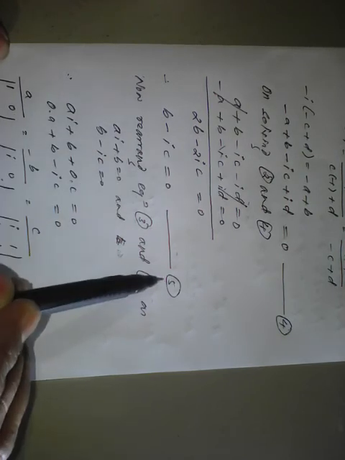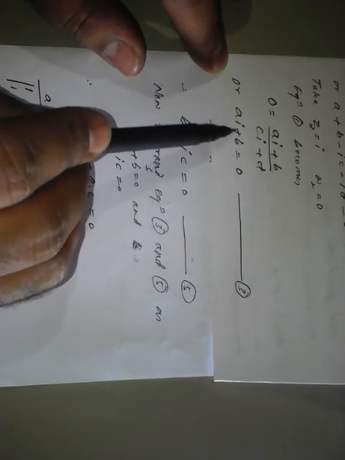I will call this equation number 5. Now rearranging equations 3 and 5. What is equation number 3? Equation number 3 is Ai plus B equal to 0, and equation number 5 is B minus iC equal to 0. So equations 3 and 5 we have to rearrange.